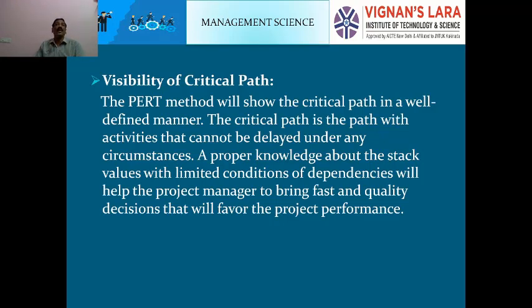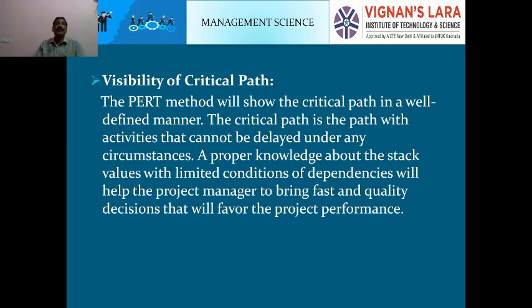Delay is an uncertainty. We are not able to avoid it. It only happens in one activity, in one case. PERT can try to minimize the delays. A proper knowledge about the slack values with limited conditions of the dependencies will help the project manager to make fast and quality decisions that will favor the project performance.